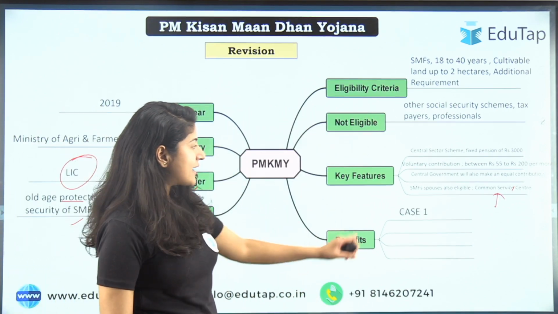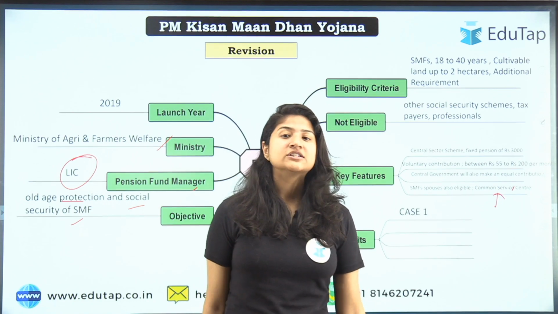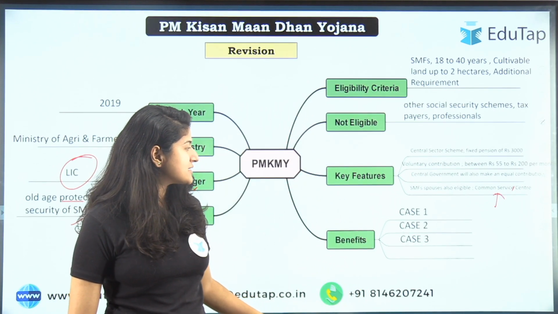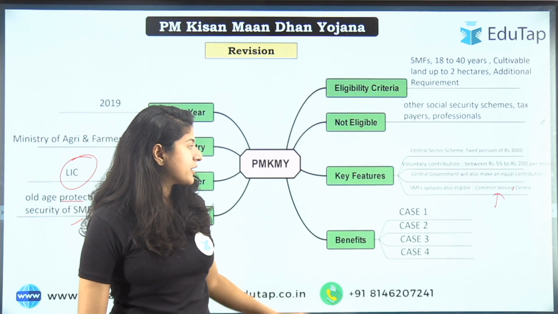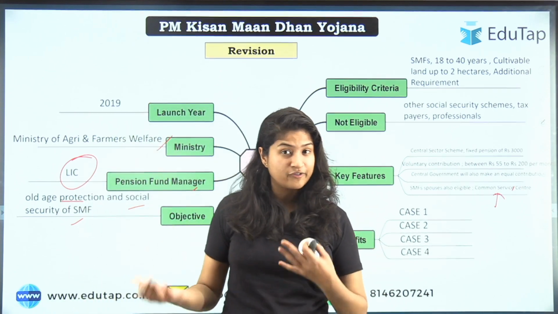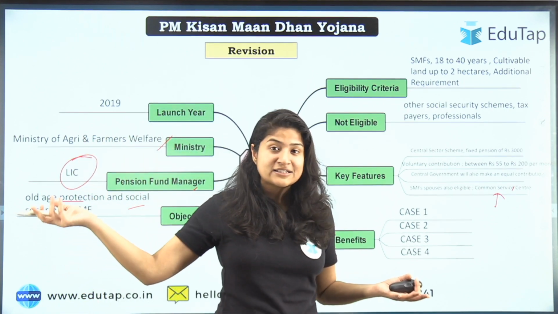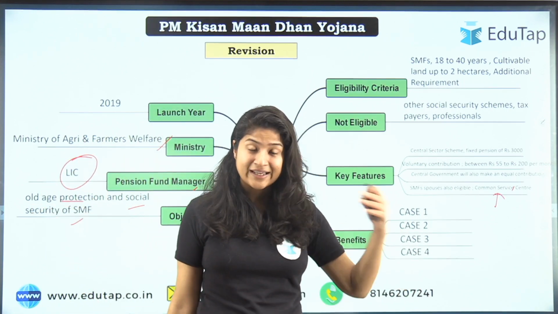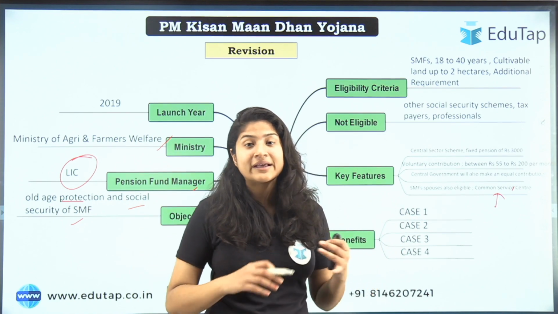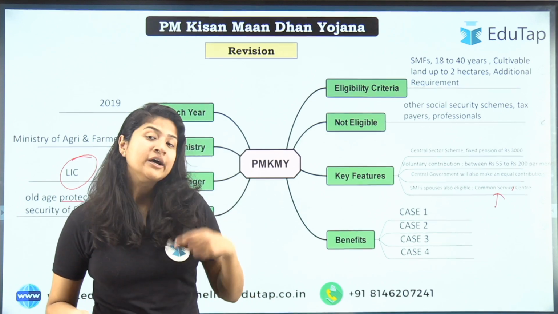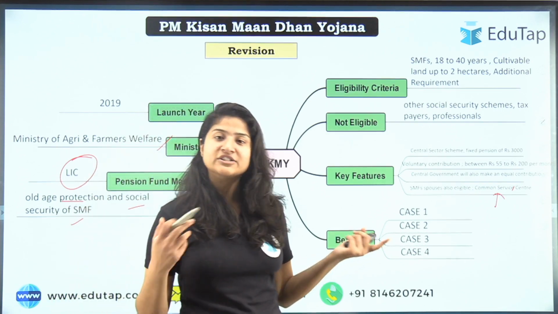Talking about benefits, we have seen 4 cases, right? Case 1, case 2, case 3, and then case 4. Case 1 was when we exit before 10 years. At that time, whatever contribution you had, and also the interest by the bank. In case 2, after 10 years but before the retirement age, the contribution plus either the pension fund or the interest by the bank, whichever is higher.